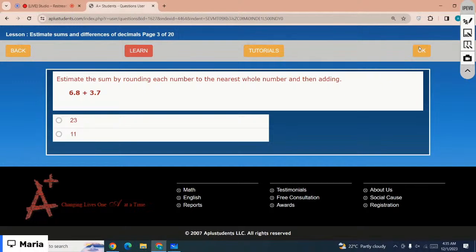The correct option is yes, that is 11. Very good.